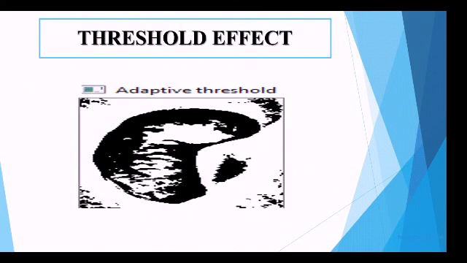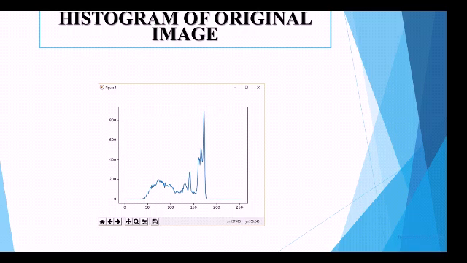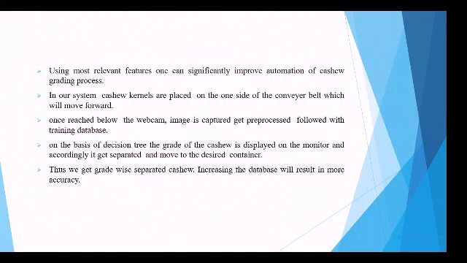We added the threshold effect, and the histogram of this project is some 250 on the x-axis and 1000 on the y-axis, which clarifies the pixels of the image. And conclusion. Using the most relevant features, one can significantly improve the automation of cashew grading.